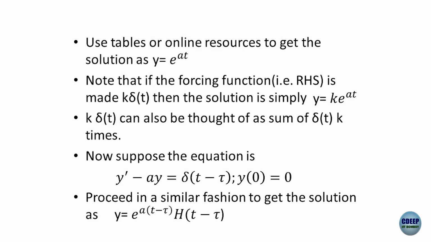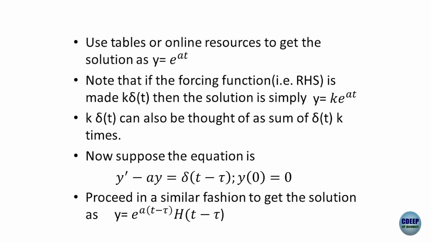So you can use the online resource and see that your y is going to be equal to e to the at, and if you have a forcing function which is k times delta t, then y will become equal to k times e to the at.